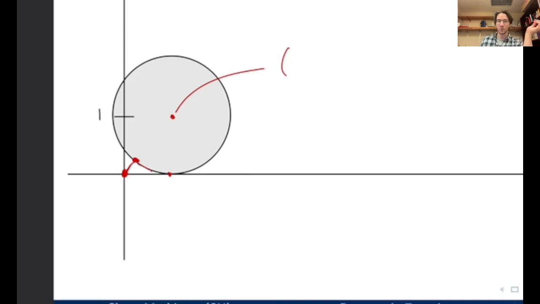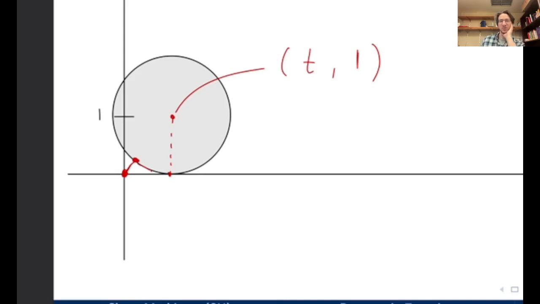Well, first of all, the y coordinate of the center is always just 1, right? This has a radius of 1. The center of the bike is always at a height of 1. If the bike is moving to the right at a speed of 1 unit per second, then if I call it t seconds, the center of the bike is at a distance of t, right?